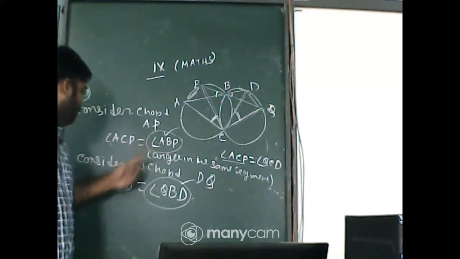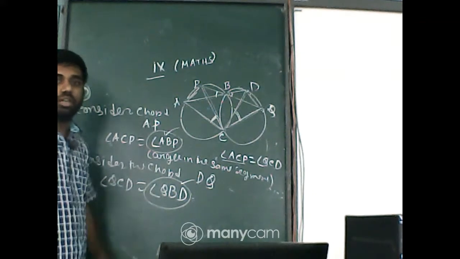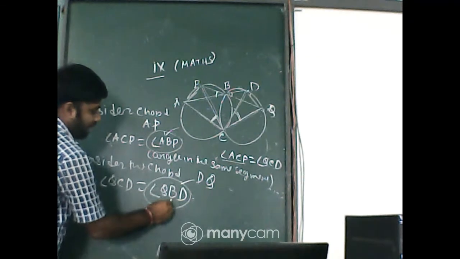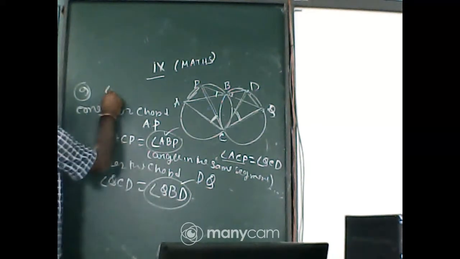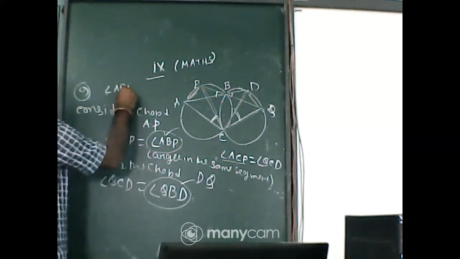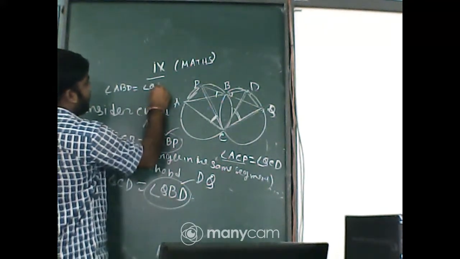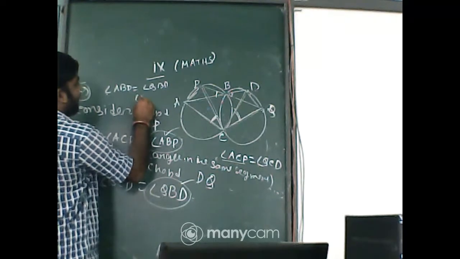Ram equal to 2 and Sam equal to 2. It means Ram equal to Sam. So ABP and QBD are equal. At first you can write that ABP equal to QBD, because they are vertically opposite angles.